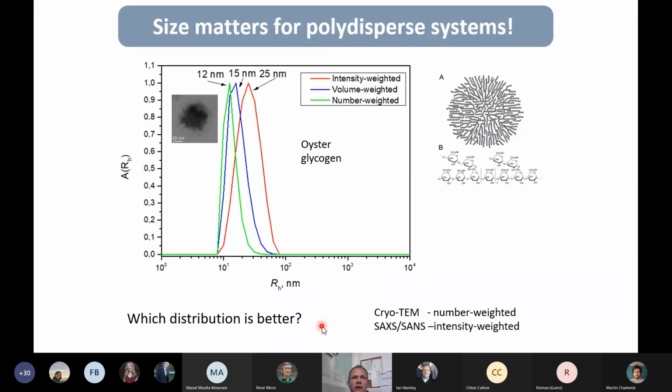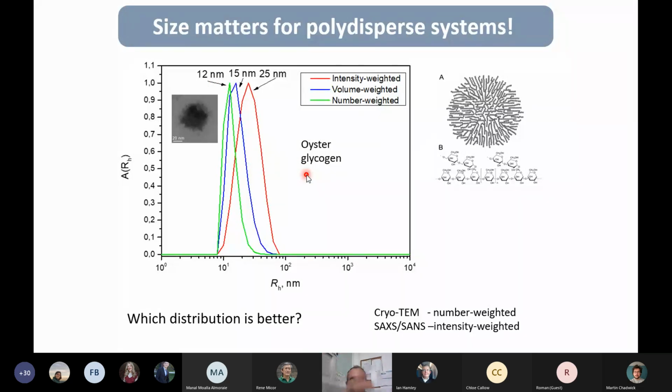Well, both values are right, because you're working with a polydispersed system. You certainly have some particles with the size of 25, with the size of 15, and the size of 12.